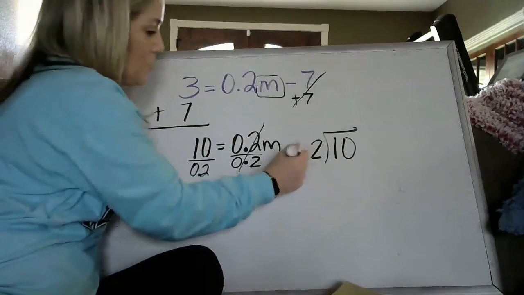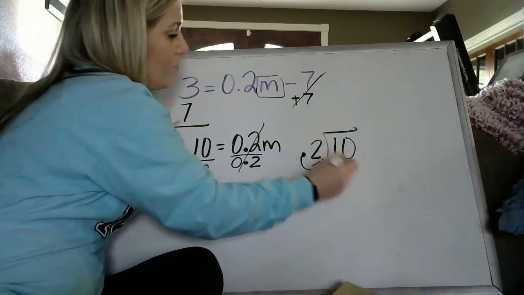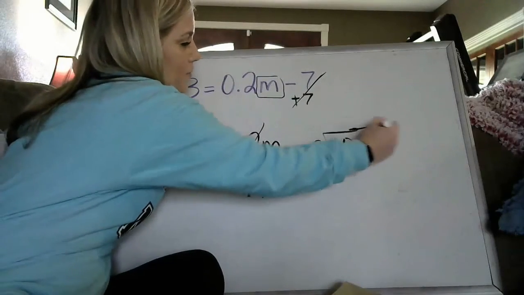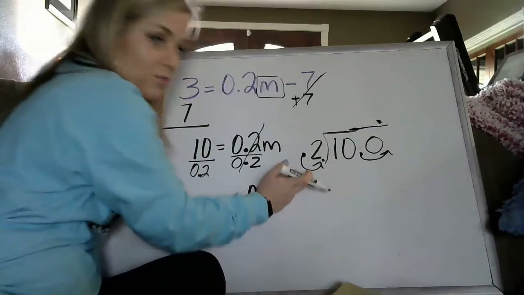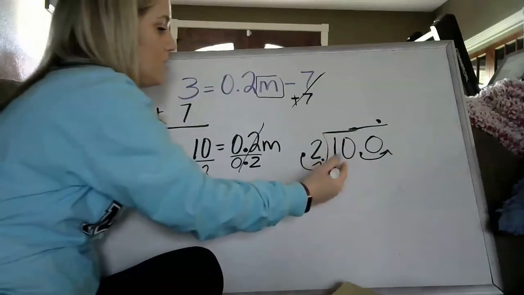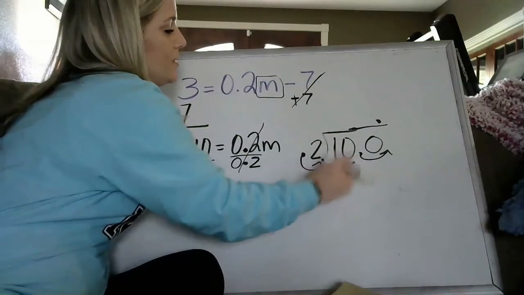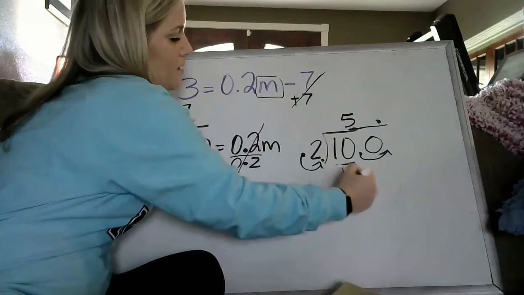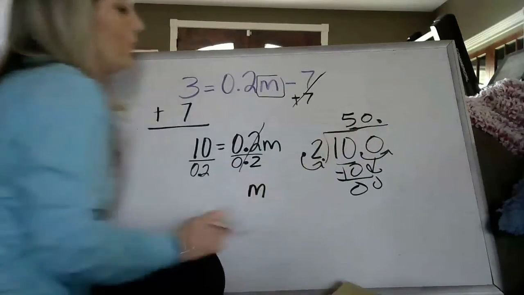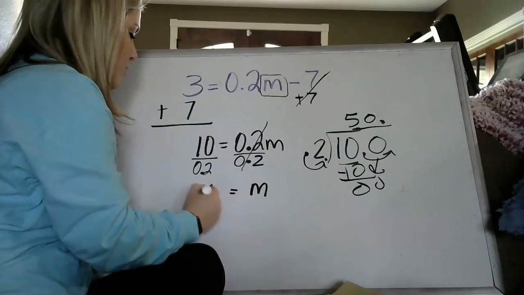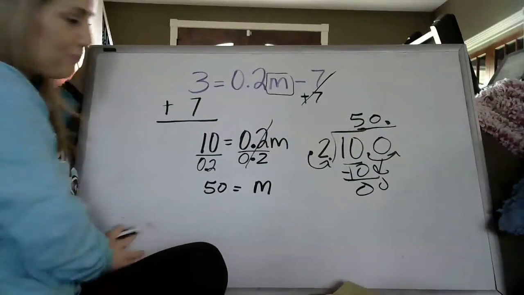Well, I can't divide by a decimal, so I'm going to move it over. And I'm going to add a decimal here, and I've got to move it over in there, because what you do on the outside of the division box, you've got to do on the inside of the division box. So I know 2 will go into 10 5 times, and that makes it 0, and then 0. So 50 equals m, okay?